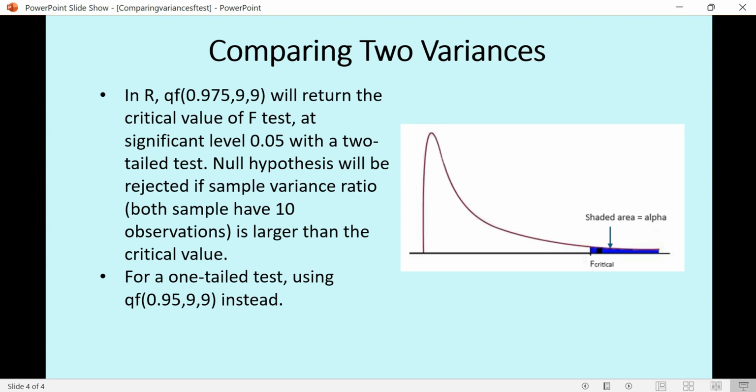This is the rejection area. This is one way to test for comparing two variances.